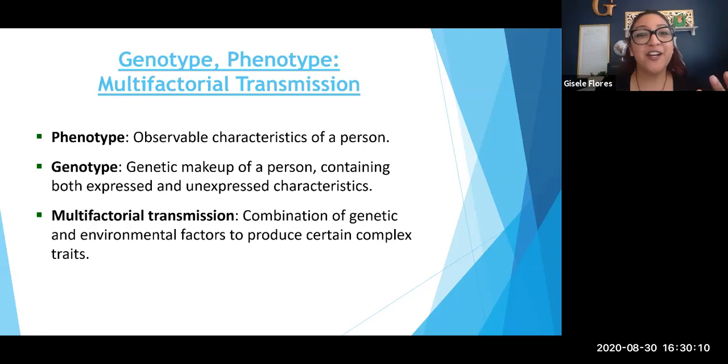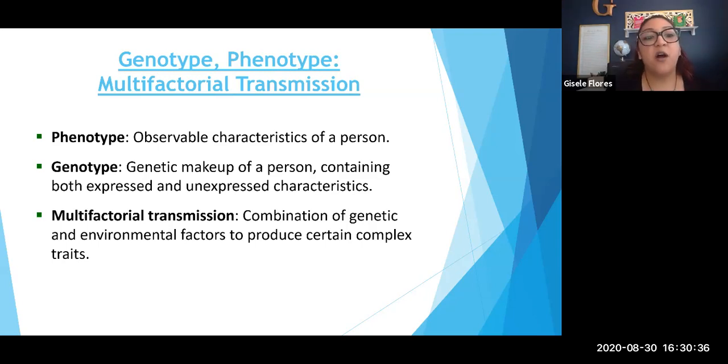If you've ever heard, she has her mother's nose, that's a phenotype. That's something that other people can see. Genotypes, on the other hand, are the instructions. That's the genetic makeup of a person, and it contains both expressed and unexpressed characteristics. It's kind of like the underlying roadmap of what's going to be expressed in your phenotype.